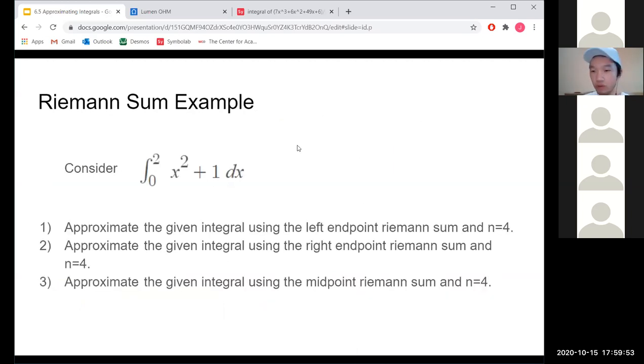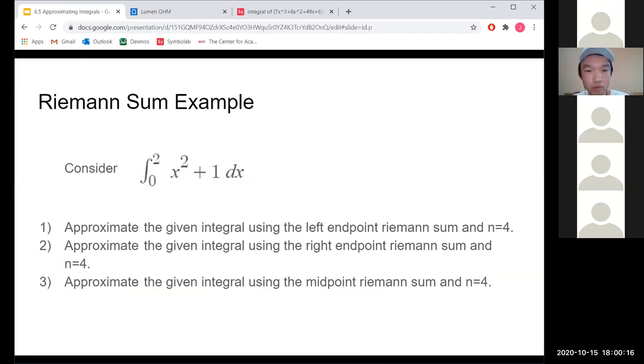Just for review, we're going to do an example on how this worked. This is Calc 1 stuff, so let's do this together. Consider the integral from 0 to 2 of x squared plus 1.